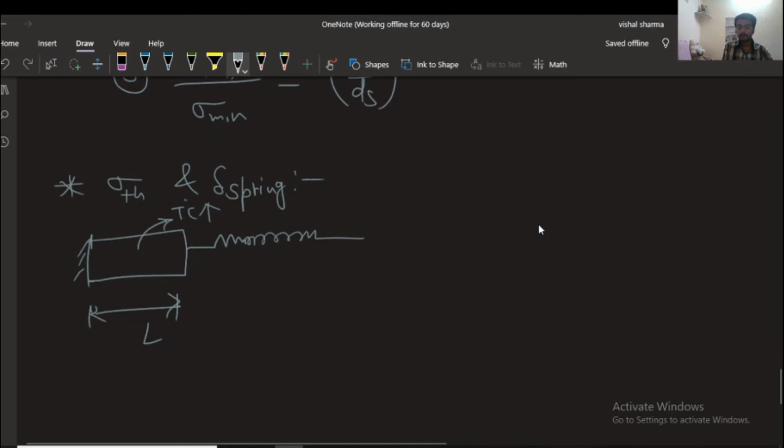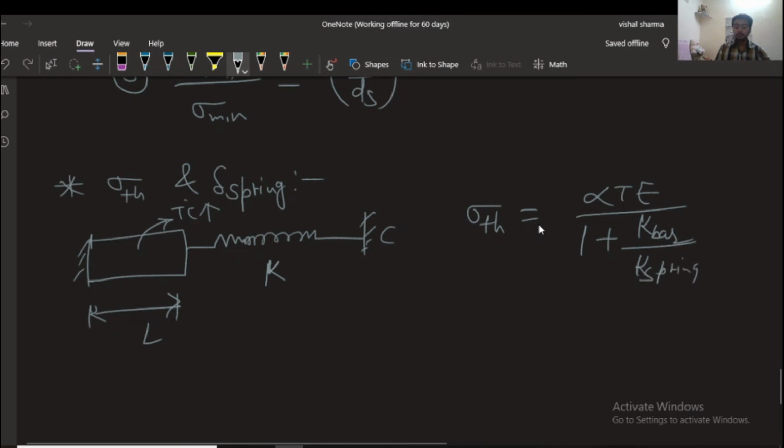The spring has spring constant K. So the thermal stress in case of a beam connected to a spring is given by alpha TE upon 1 plus K of the bar upon K of the spring. By using this formula you can find the thermal stress in a beam when it is connected to a spring.